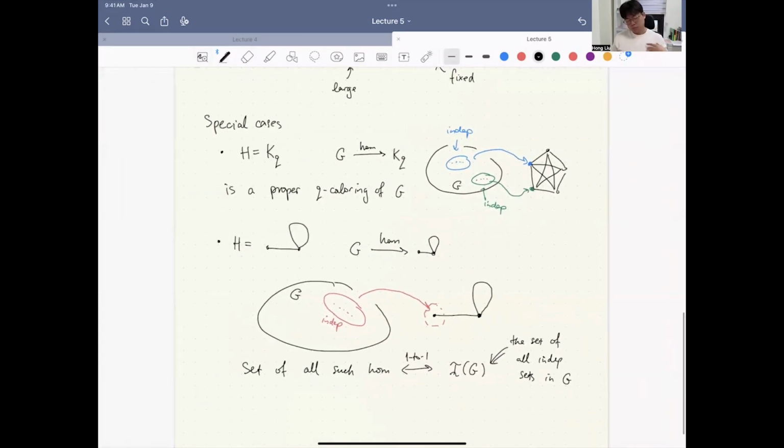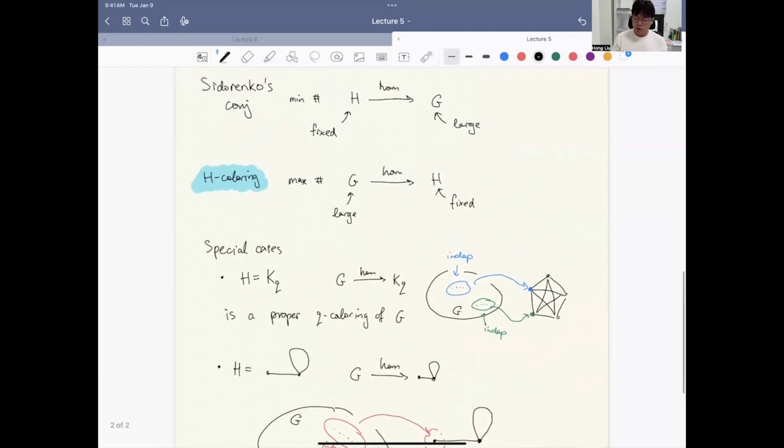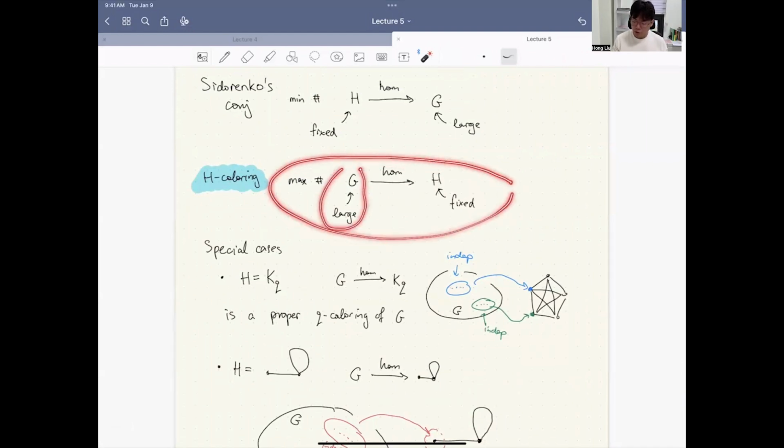So the set of proper colorings of G, or the set of independent sets of a graph G, are among the most studied objects in graph theory. They are both a very special case of this so-called H coloring, the homomorphisms from a large graph that we want to study to a fixed graph.